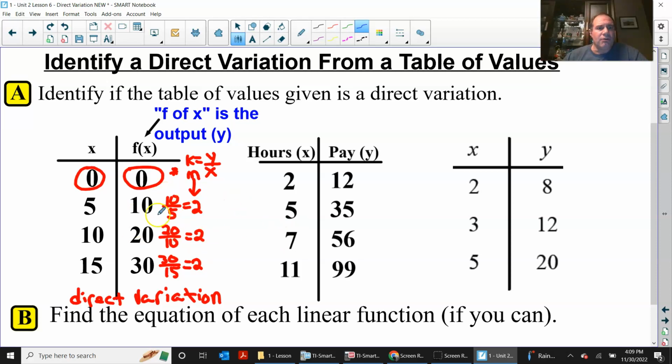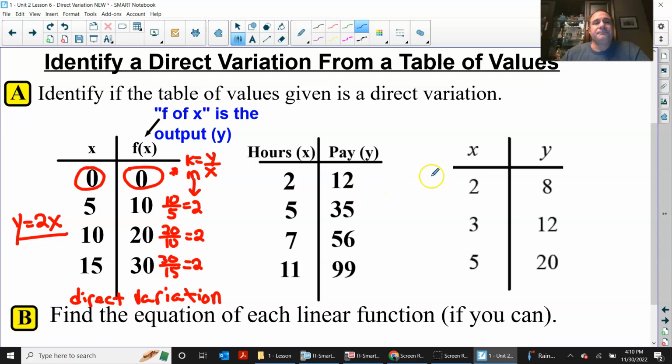All right, so we could say that this equation right now is y equals 2x, because the slope is 2. Look, if you do y2 minus y1, 20 minus 10, and over 5, 10 minus 5, that's 10 over 5. 10 over 5 is 2. So you could still work it out, y2 minus y1 over x2 minus x1, but you don't have to.